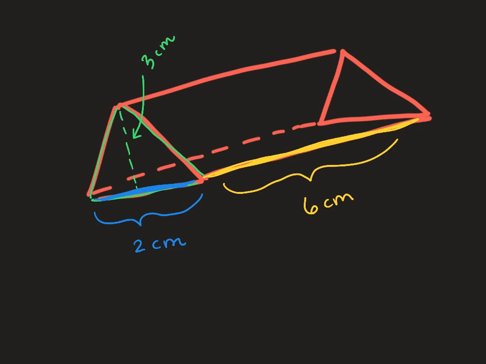Let's make it in white. I'll just say that that is also 3. Now let's make it 4 centimeters. Okay, I'm curious. Try and solve it. Get the surface area. Go.